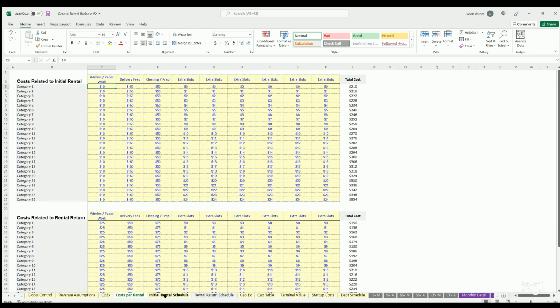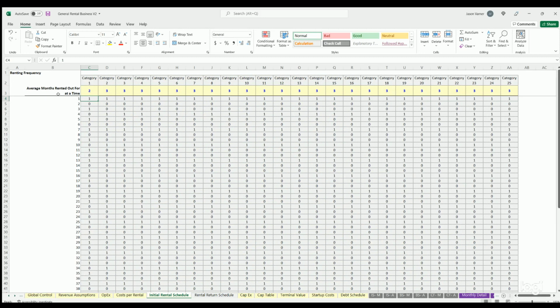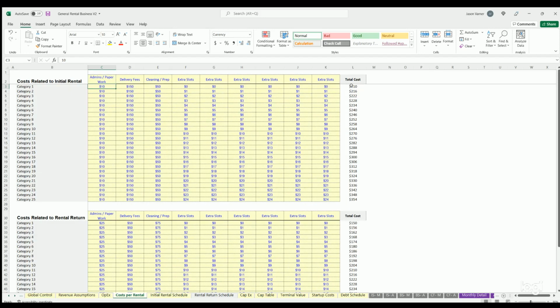And then you would define the frequency of months it's rented, or how many times something is rented out per X months. So if you put 2 here, it means you rent it out once every 2 months. Or if there was a 1, it's rented out once a month. If there was a 36, it's rented out once every 36 months. And that'll just define the frequency that these costs get applied based on the units that are being rented.